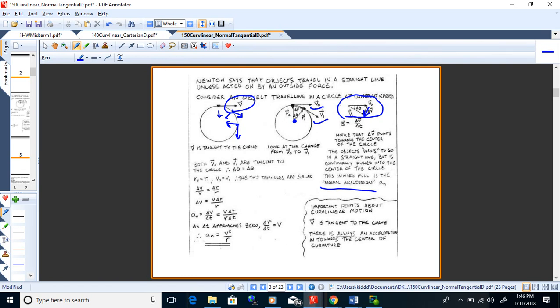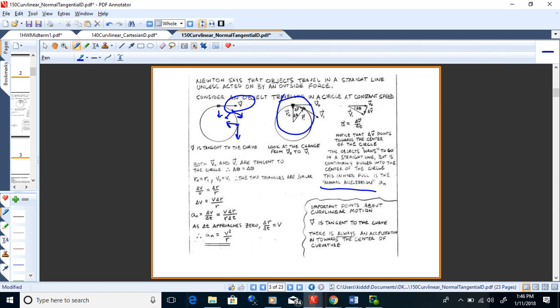So if we want to figure out what that is, we can set up a little bit of a ratio here and compare the ratios, because what we've got are two similar triangles that are shown on this page. We've got the two radii that have the same magnitude and an angle in between them.